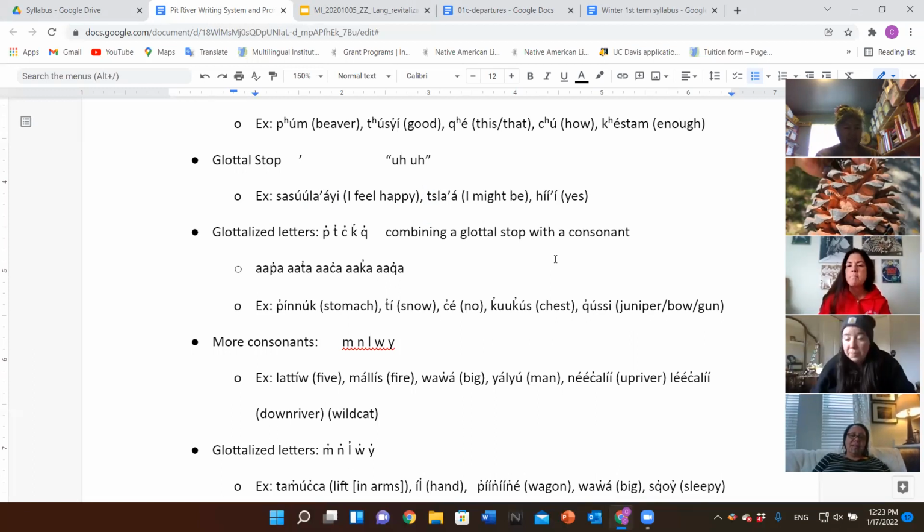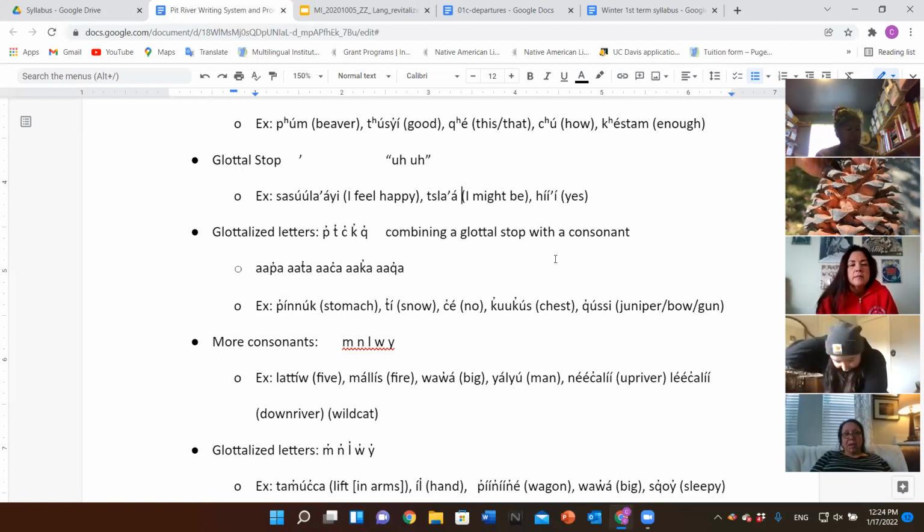Is it the same as the sound where you put your T behind your teeth and then let the air go on the side of your tongue? No, we actually don't have that in Pit River. A lot of other languages around us have that sound, but we don't have that one. We have other hard sounds.